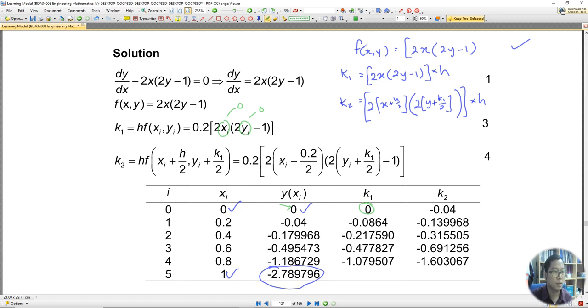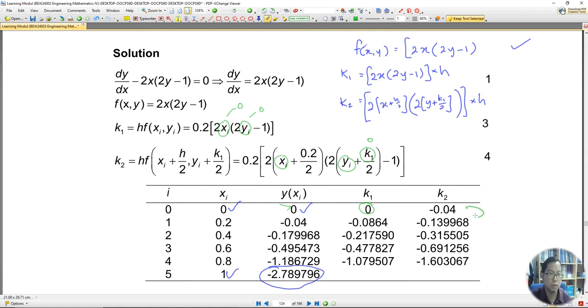And for k2, all the x is 0 and y is equal to 0 as well, but k1 is equal to 0, and then you will get minus 0.04.